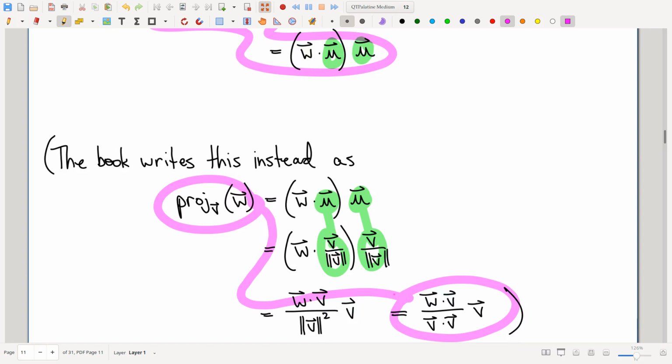Let's start with devil's advocate. I'm going to make the case for the one I ultimately don't like as well. This formula does have a redeeming feature because the question was to compute the projection of W in the direction of V. W and V are given. This formula is in terms of W and V. It's very plug and chug. That's nice.